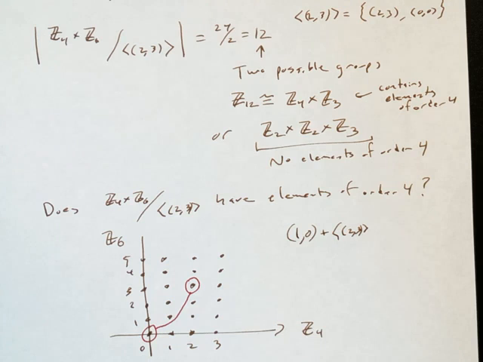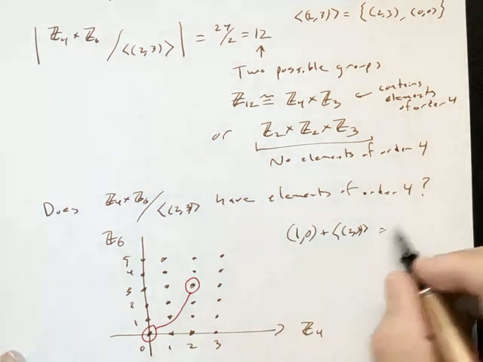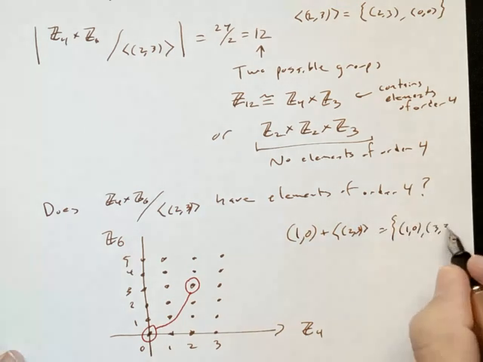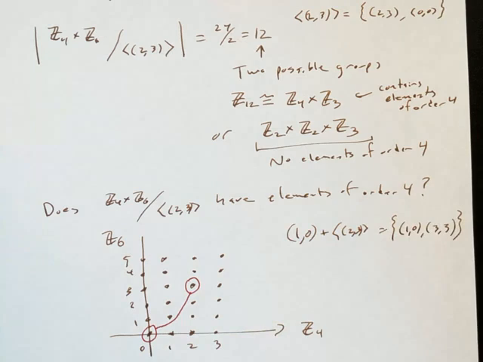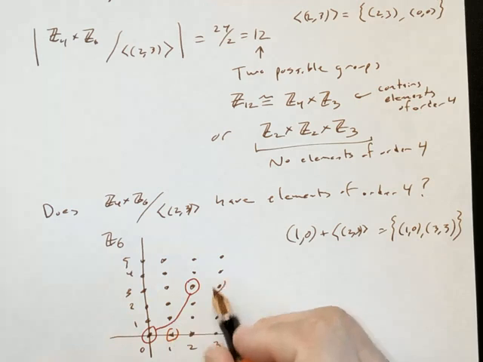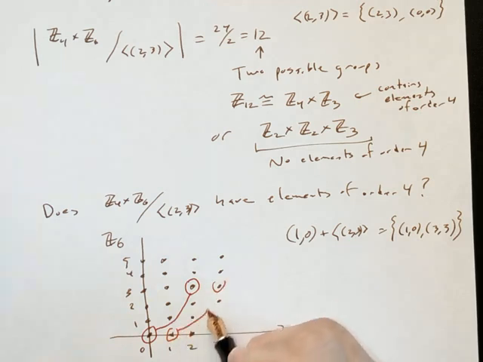Three, 3, and 1, 0. Aha. Which is here. Excuse my crappy art. Hey, those are parallel, aren't they?